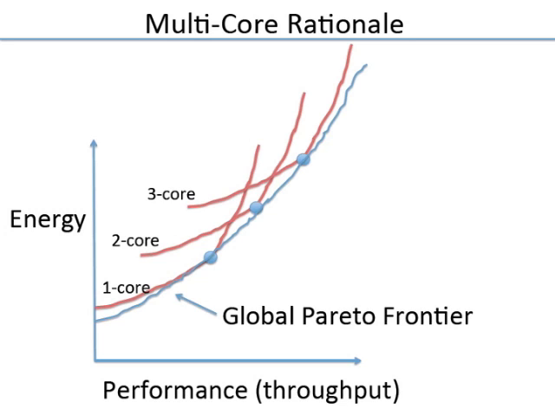You have a design, for a particular design, let us say a single core design, right? You have an energy delay, energy performance graph, and this is the frontier of the graph, right? Now I'm saying performance is basically throughput.